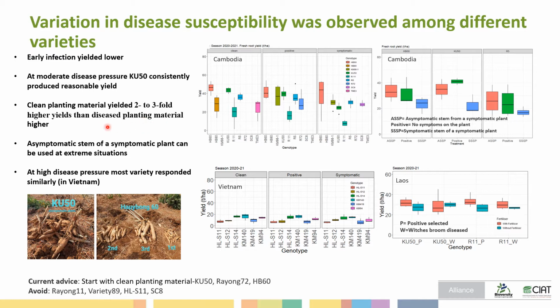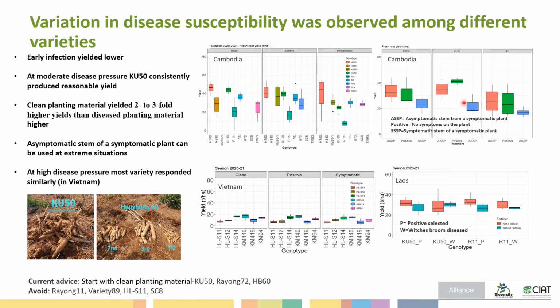We did another experiment with asymptomatic stems of a symptomatic plant, to see how they behave when growing as a crop. We found that an asymptomatic stem of a symptomatic plant can be used in extreme situations. For example, if the farmer cannot find any clean planting material, they can go into using the asymptomatic stem.